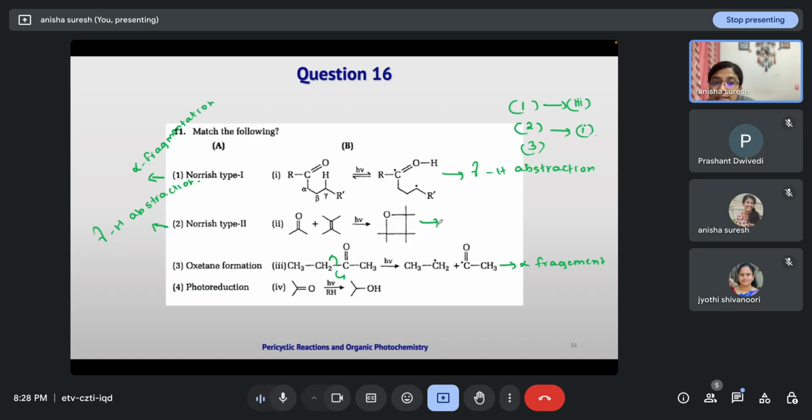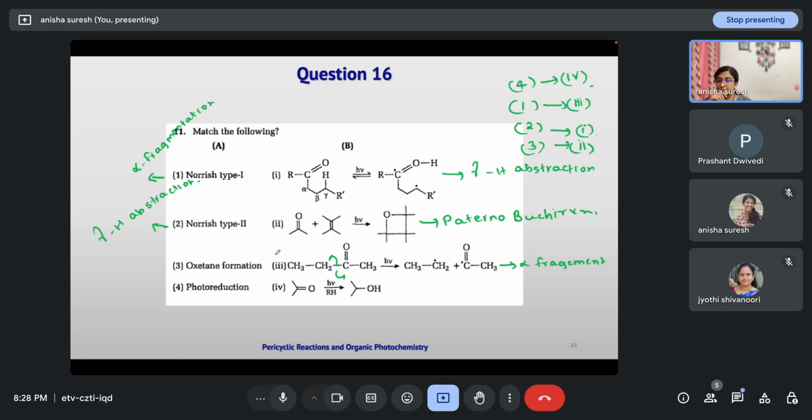So this is the Paterno-Buchi reaction where an oxetane formation is taking place. So 3 can be matched with 2. And photoreduction, where this carbonyl is reduced under photochemical conditions leading to formation of the alcohol. So 4 can be matched with 4 here. So this is the match the following for this reaction.